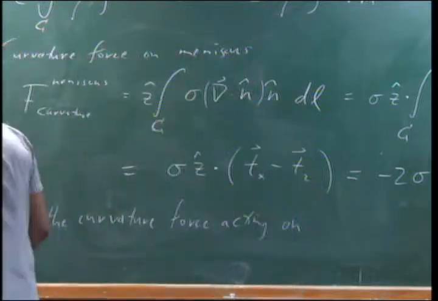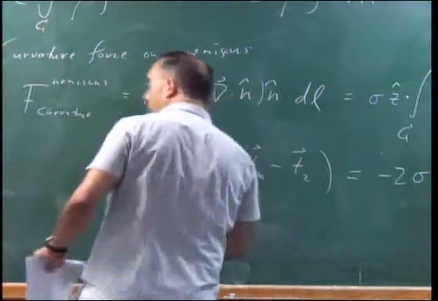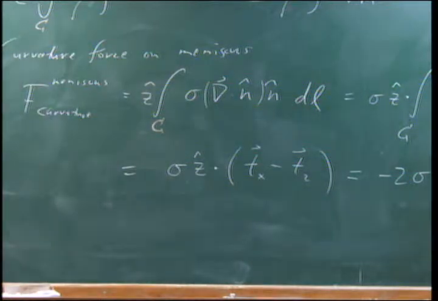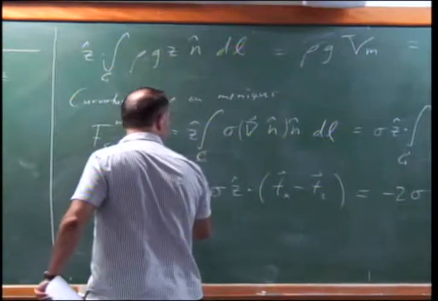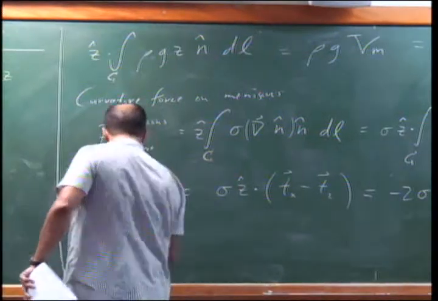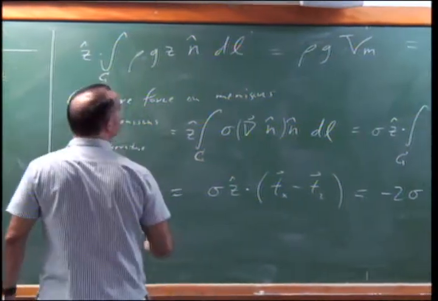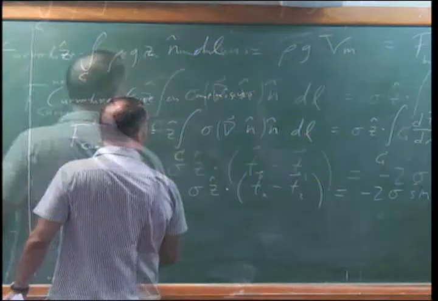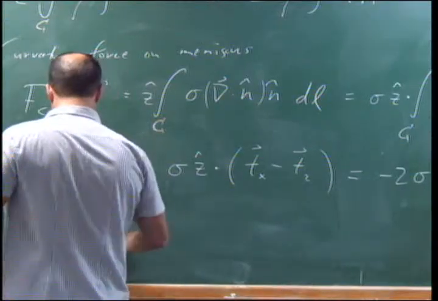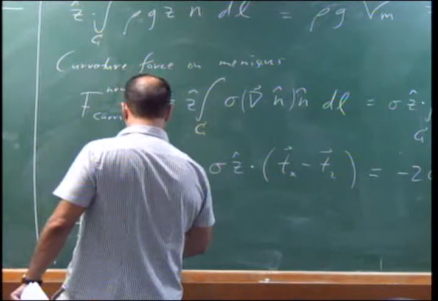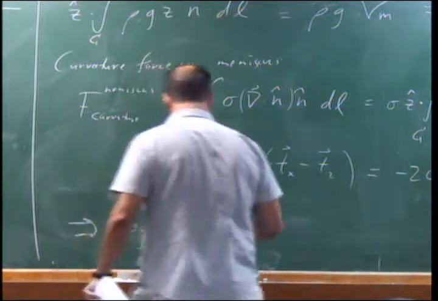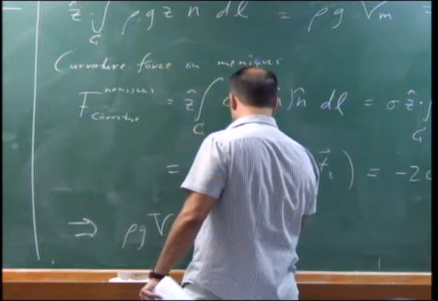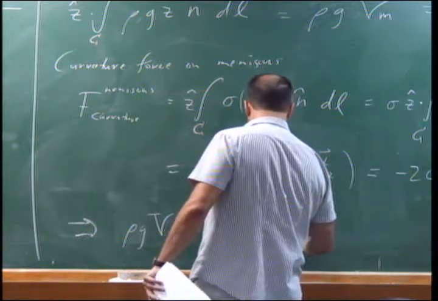Right, maybe I should do one last step. So what we're doing basically is we've just integrated this along the surface, and so we can equate these two things. So we can say rho g V_m. So that's the weight of the fluid displaced by the meniscus is equal to 2 sigma sine of theta.